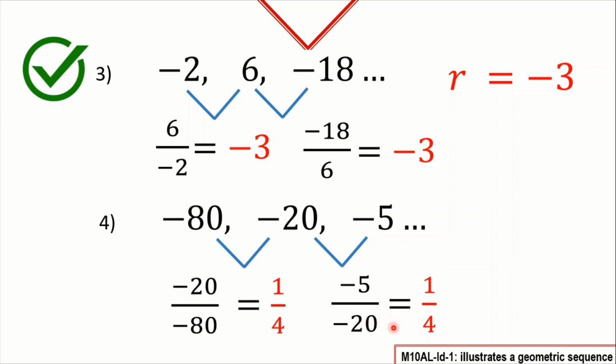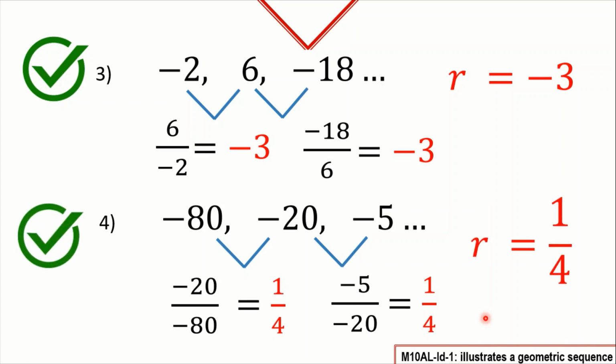Then 20 divided by 5 is 4. So, since pareho naman ang sign, so the answer is positive. So, again, the ratio is also 1/4. So, since pareho ang ratio ng mga terms, therefore, the given sequence is a geometric sequence wherein the common ratio is positive 1/4.